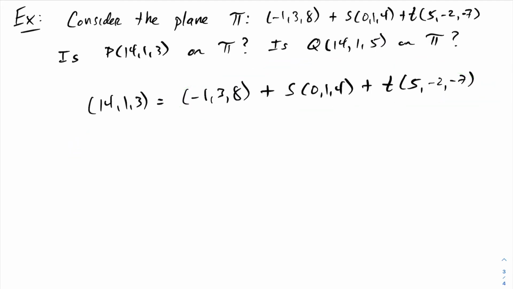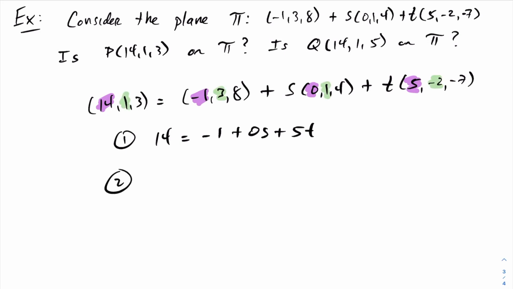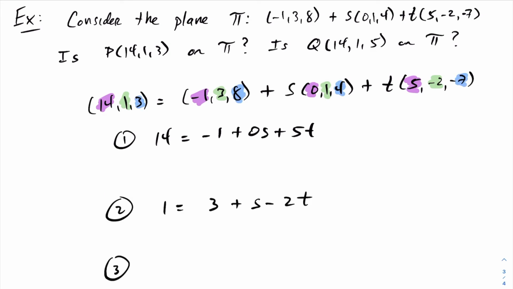So this will generate some equations for us. Our first equation says 14 must equal -1 plus 0s plus 5t. Our second equation says that 1 has to equal 3 plus s minus 2t. And our third equation says that 3 must equal 8 plus 4s minus 7t. For equation 1, we get 14 equals -1 plus 5t.